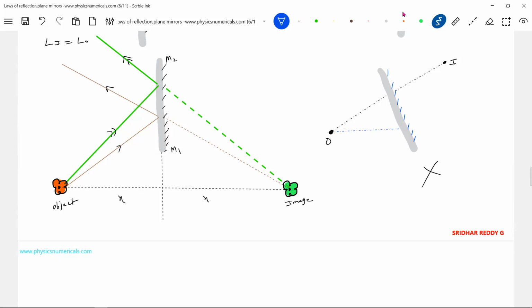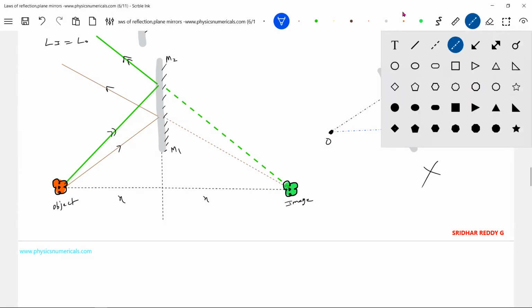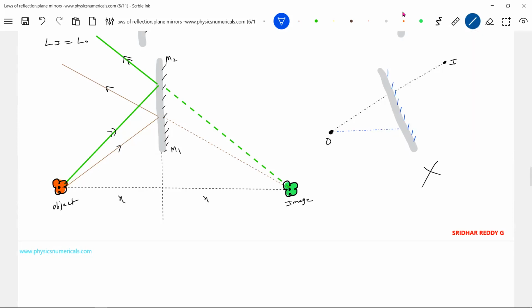Can we show all these things by ray diagram? Yes. Again, we'll proceed in a similar way. A ray incident. Let me take this incident ray. After reflection it will diverge from the point I. Then you send one more ray.